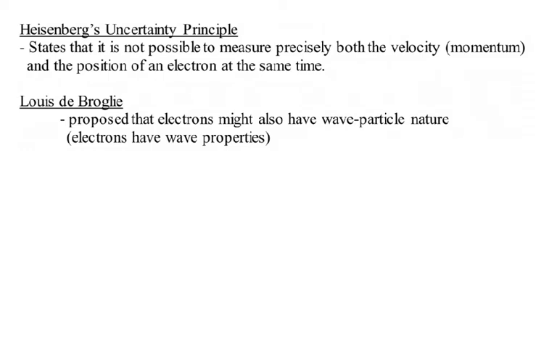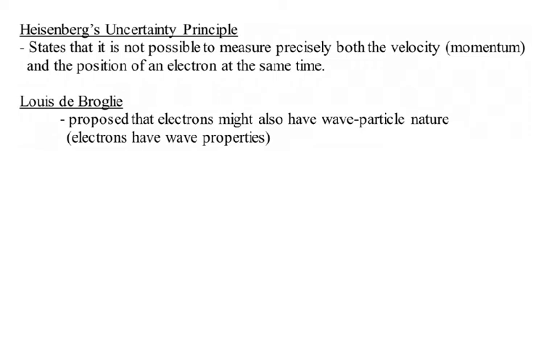Well, when we learned about electrons, we always think of electrons as particles. In fact, we think of them as negatively charged particles. Well, what happened is that de Broglie proposed and was able to figure out that electrons are just like light. See, he proposed that electrons might also have wave-particle nature or wave-like properties.